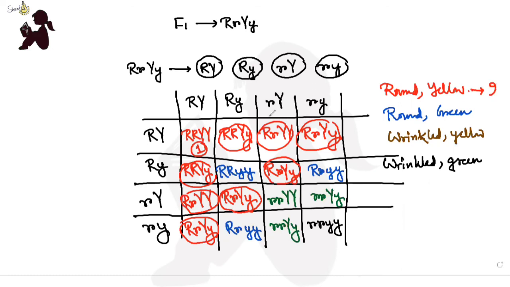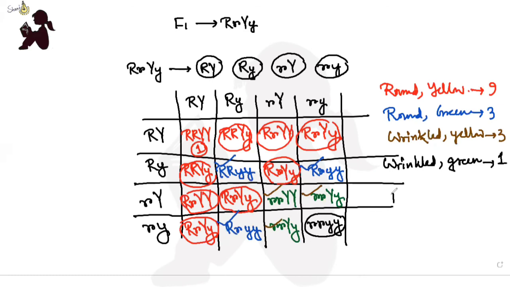The blue one is present 1, 2, 3 in 3 number. The brown one is similarly 1, 2, 3 in 3 number, and the black one is a single one, means the pure recessive is in number 1.